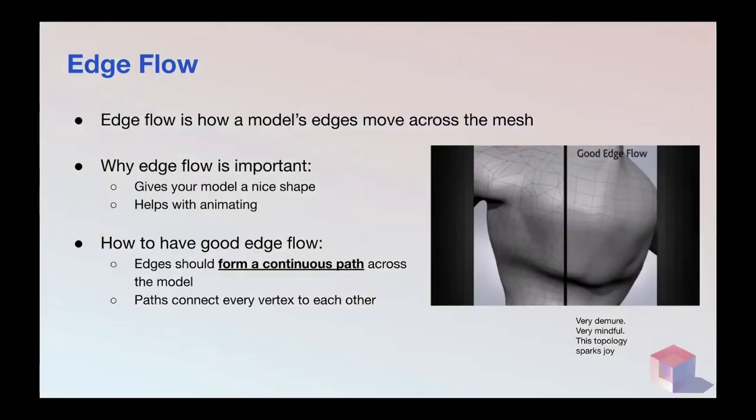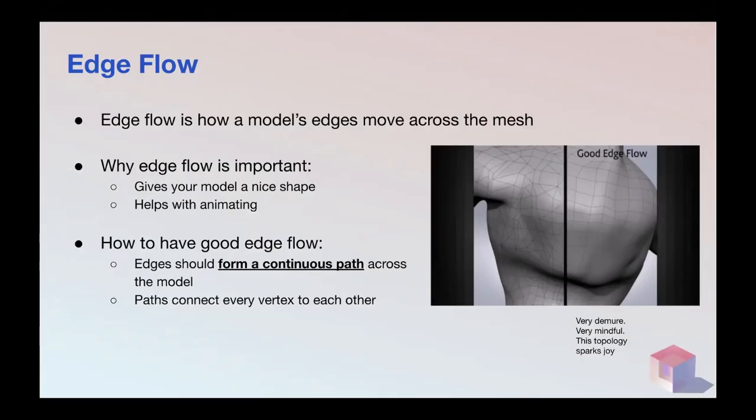Next, let's talk about edge flow. Edge flow basically means how a model's edges move across the mesh. The reason this is so important is, first, it gives you a very nice shape for the model, and second, it helps you animate better, because you can track those vertices.